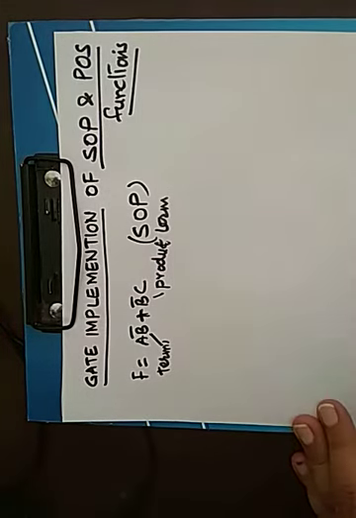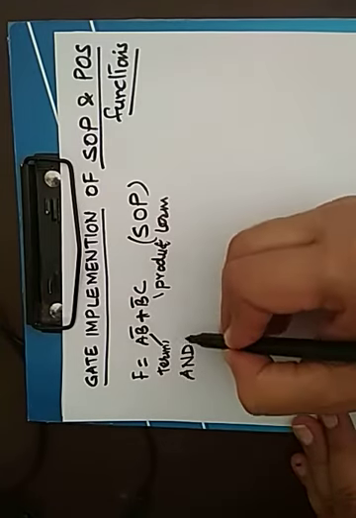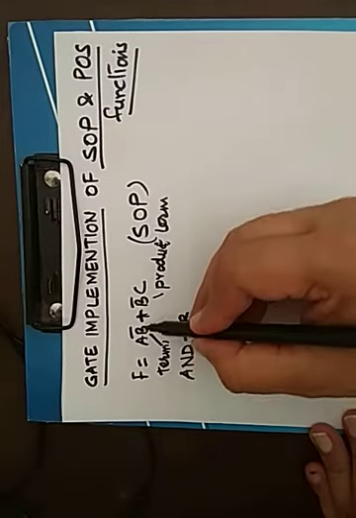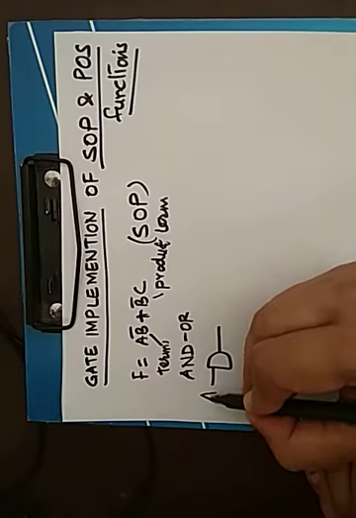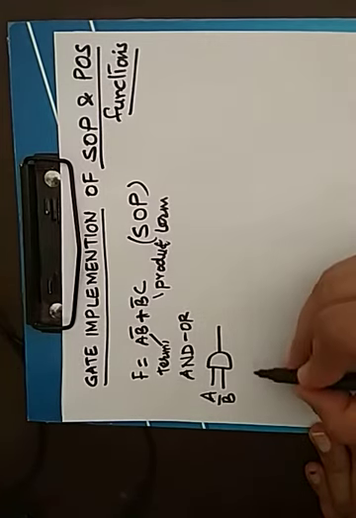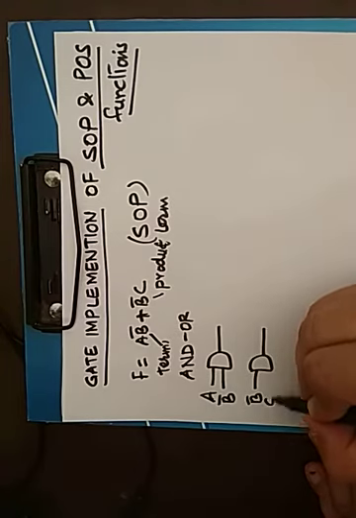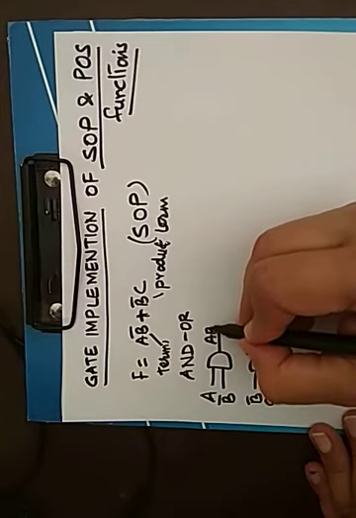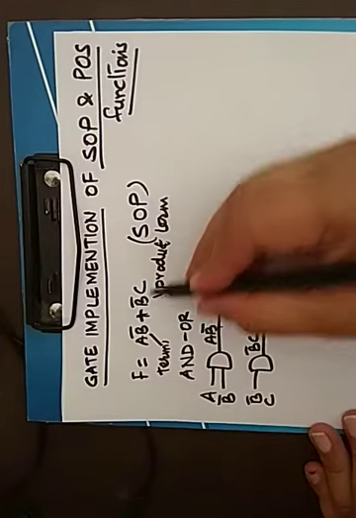This is implemented by the AND-OR, where the first AND gate gives you A, B bar, and the second AND gate gives you B bar C, followed by this plus.